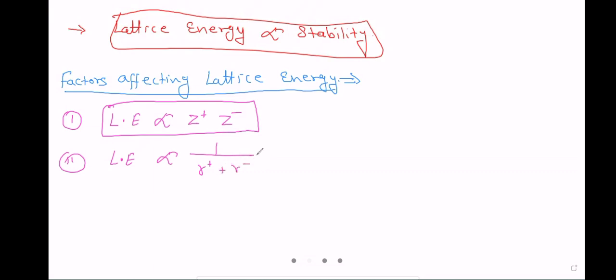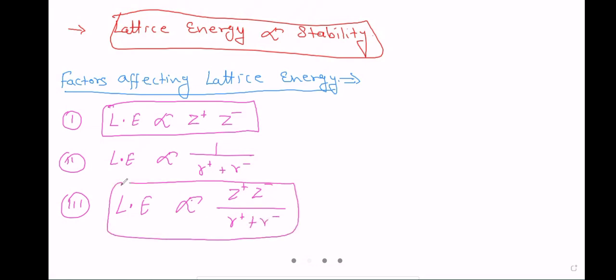In combination, lattice energy is directly proportional to Z positive, Z negative, and inversely proportional to R positive and R negative. This is the final. What is the meaning of that?